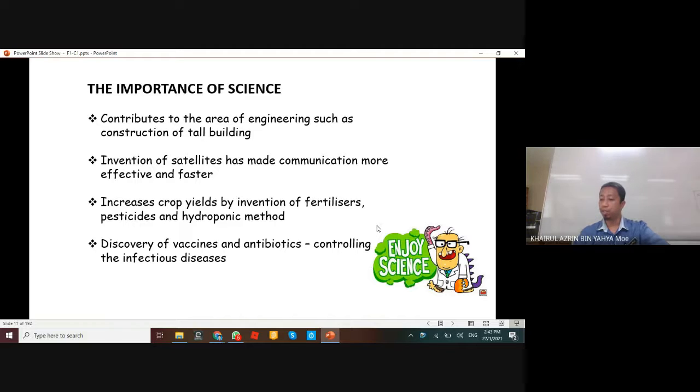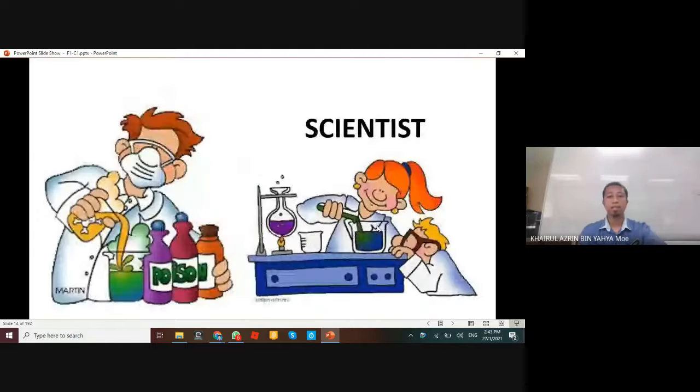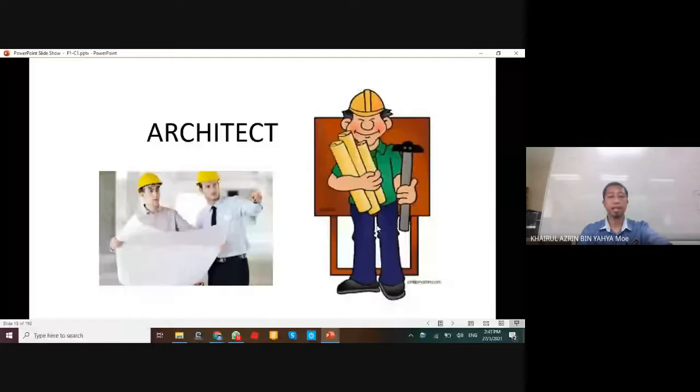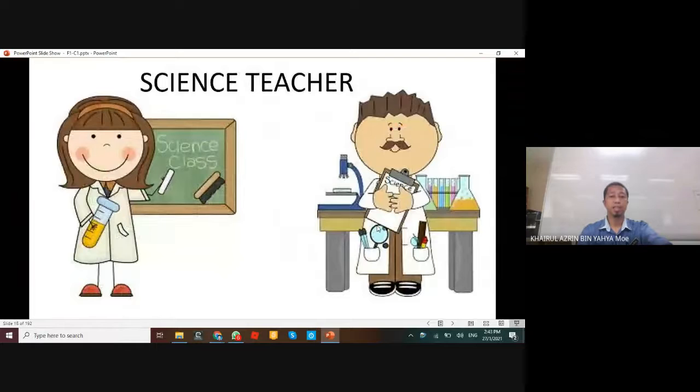You can also refer to the textbook, page number 6. There are 6 fields in science: physics, biology, chemistry, geology, astronomy, and meteorology. Careers in science include doctor, scientist, architect, meteorologist, geologist, and science teacher.